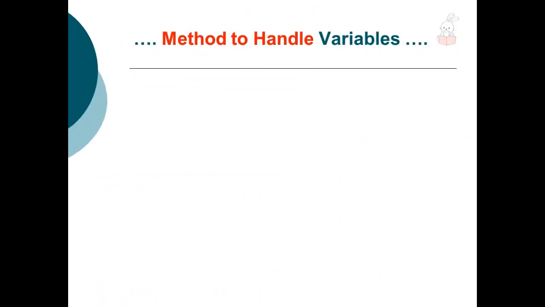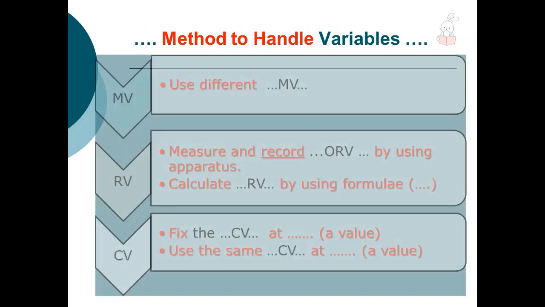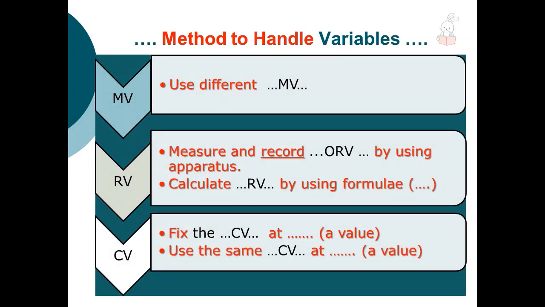In order to write the method to handle variables correctly and easily, we can always follow the tips given here. For the MV, the verb is use, so we write use different MV. For the RV, the verb is measure and record. The record is compulsory in the answer. So measure and record the ORV, the operating responding variable, means the RV that we can observe in the experiment by using an apparatus.